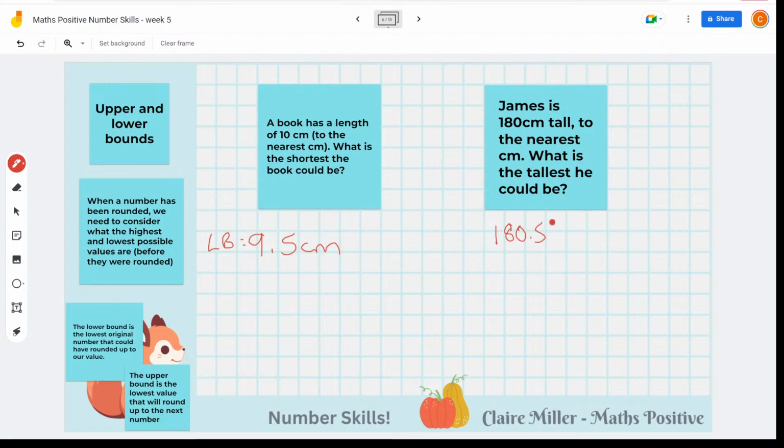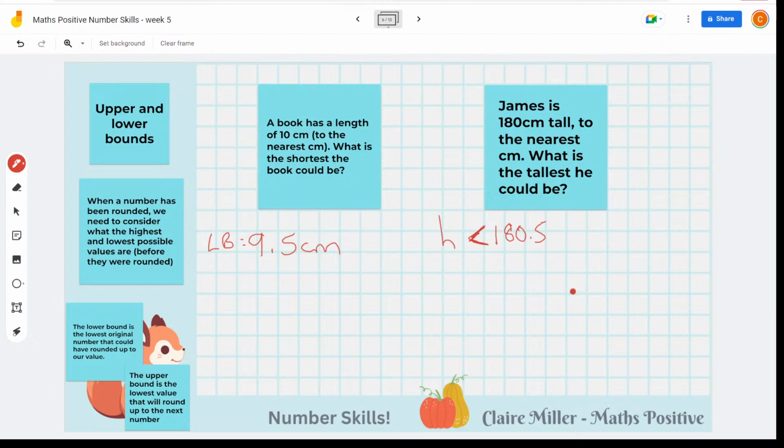Technically, that's not quite right. He would have rounded up, wouldn't he, to 181 centimetres, because this decider would be a 5. But you could say his height is something less than 180.5. It could just be a teeny tiny bit less, but it's something at least a little bit less than 180.5.